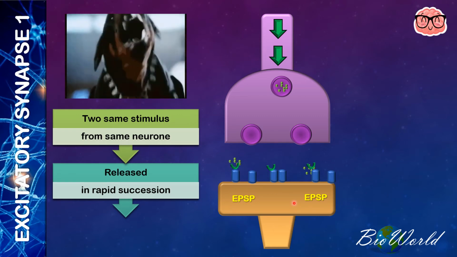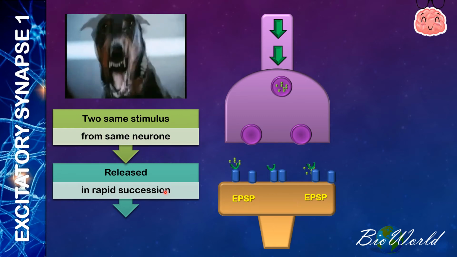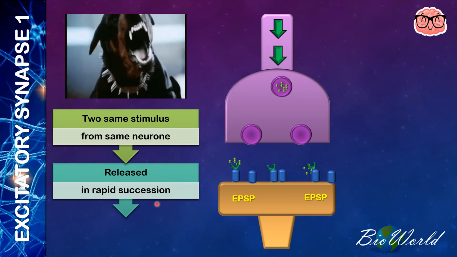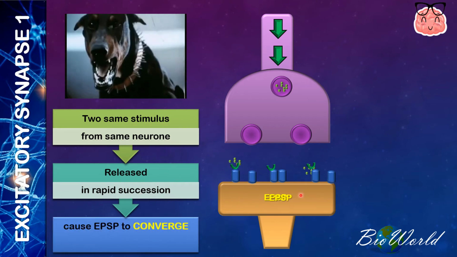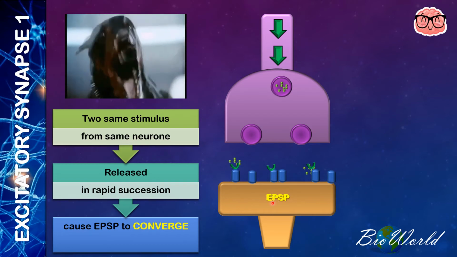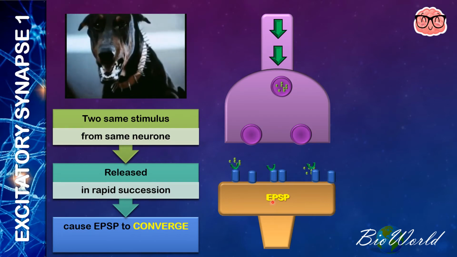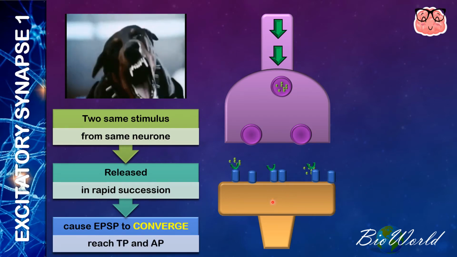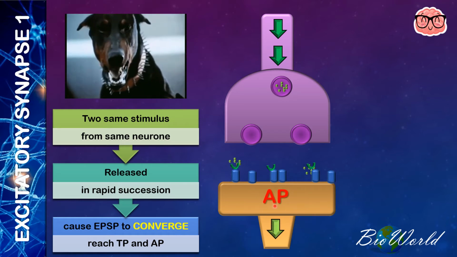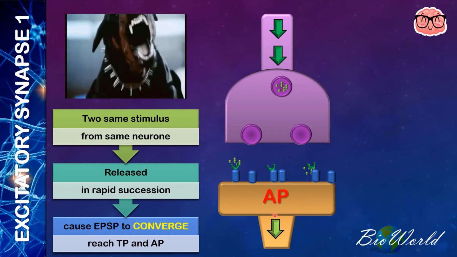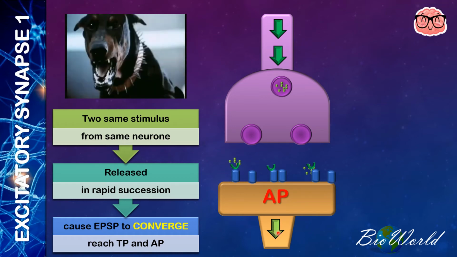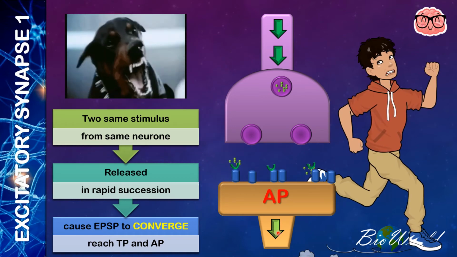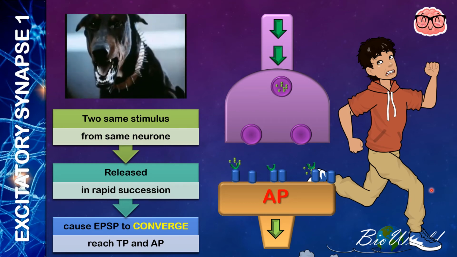What happens next is, because this happens one after the other almost immediately, the EPSP now will converge. That means they will combine and the amount will be high enough to reach threshold potential and action potential. So a new electrical impulse can be generated, and this is what causes the boy to start to run.